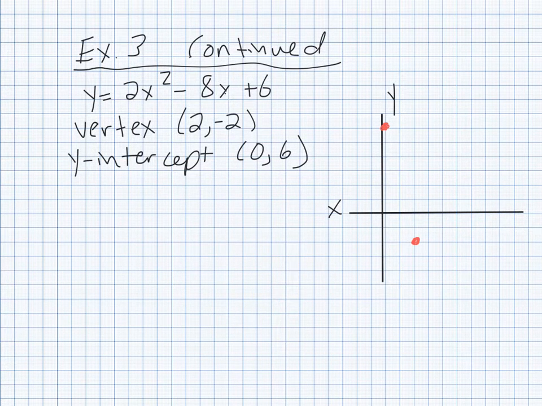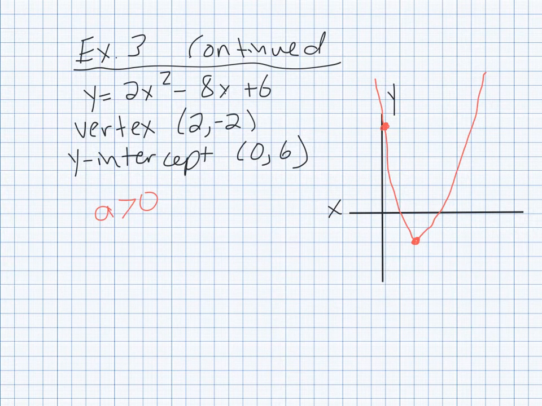We know our vertex is our minimum point because a is greater than 0, so it's going to open upward. We sketch it going up like that. It's going to do the same on the other side, because remember they're mirrors of each other. Then you can double check that in your graphing calculator.